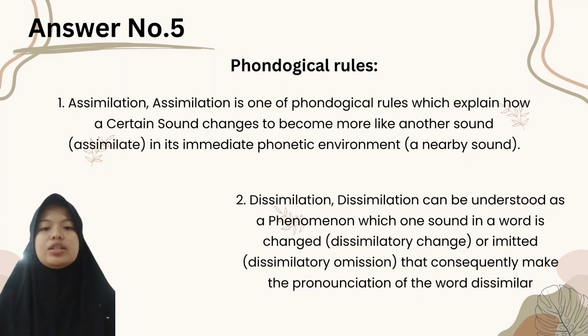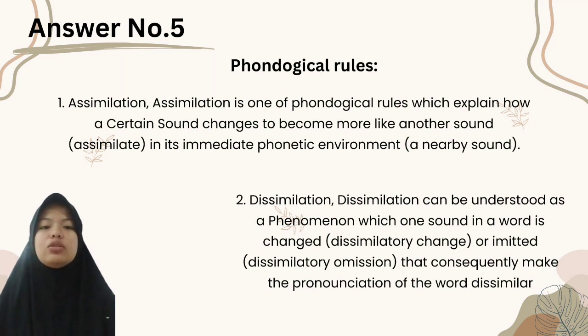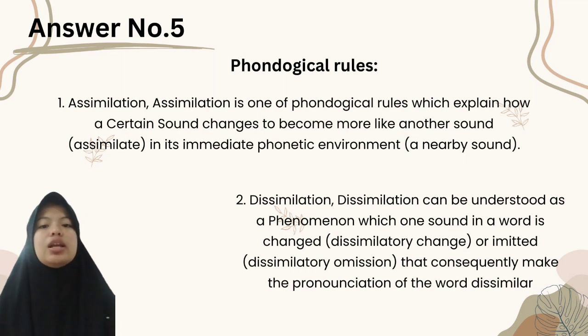Number 5 is phonological rules. First is assimilation. Assimilation is one of the phonological rules which explain how a certain sound changes to become more like another sound in its immediate phonetic environment. The second is dissimilation.